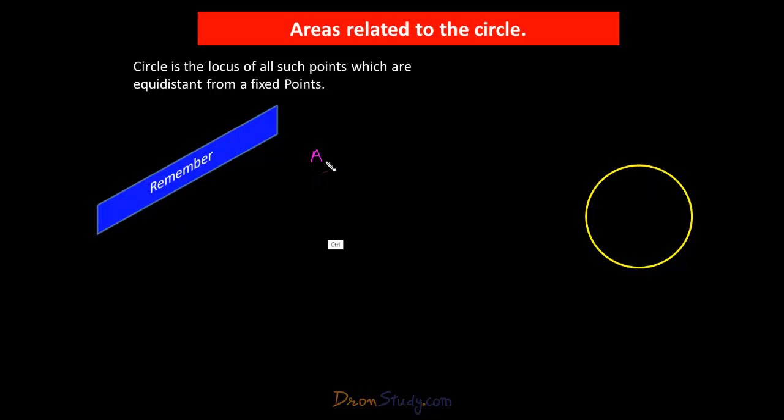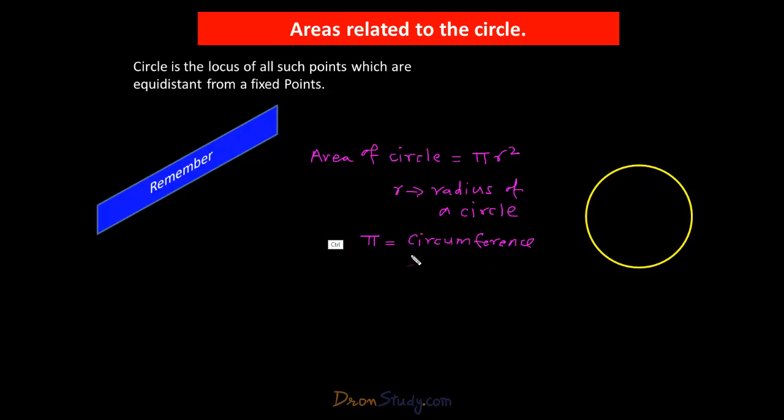Area of the circle is given by pi r square, where r is the radius of the circle, and pi is a constant term. It is the ratio of circumference to the diameter.